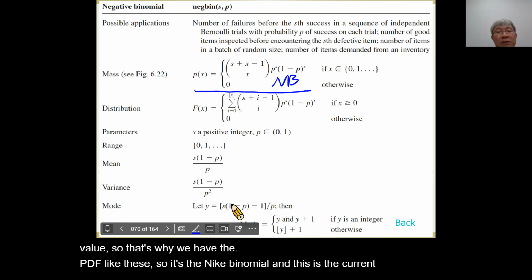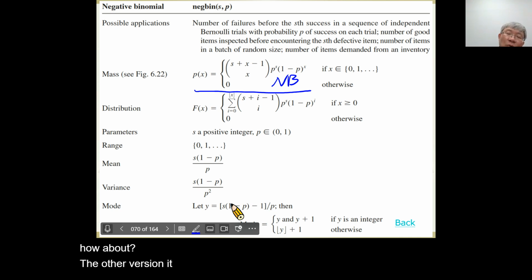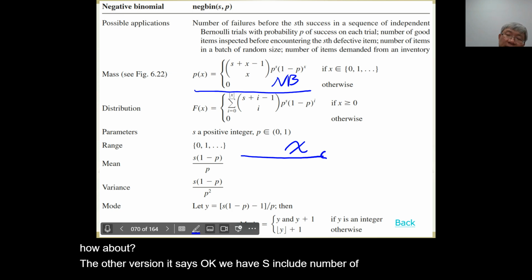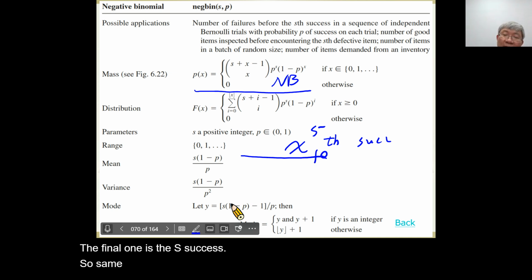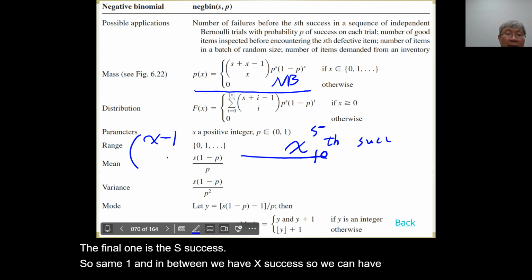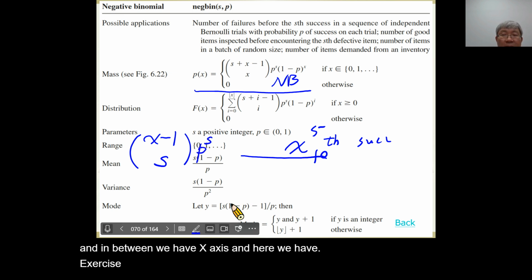And how about the other version? We have S include the number of failures and successes. The final one is the S-th success. So same, minus 1, and in between we have S minus 1 successes.